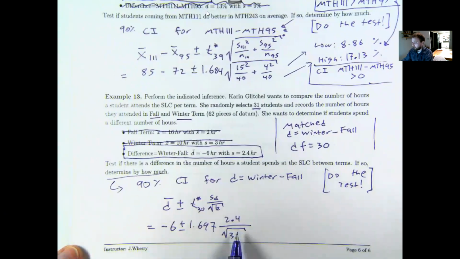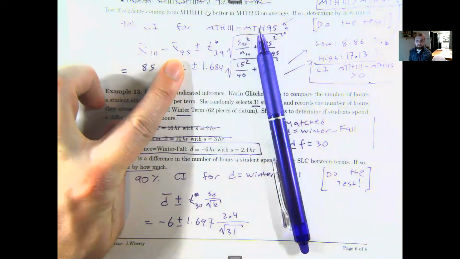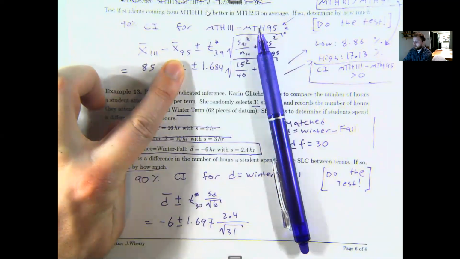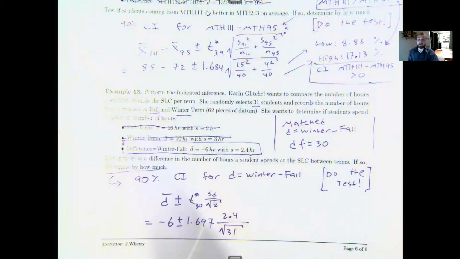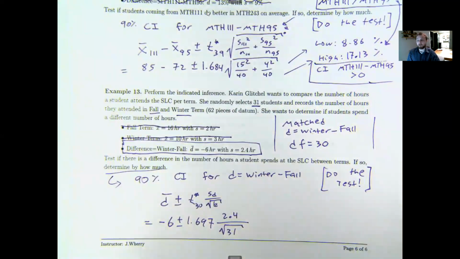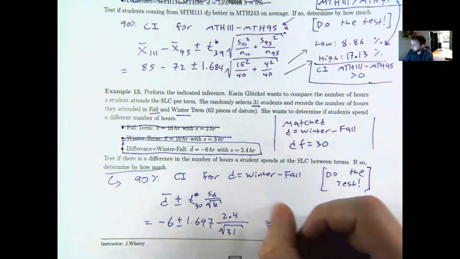Matched pair has a lot of the same kind of setup as that confidence interval I had above, but I only have to do it once, where for two independent, it's really like I have the same formula repeating twice. I'm going to type this in once with the minus and once with the plus.